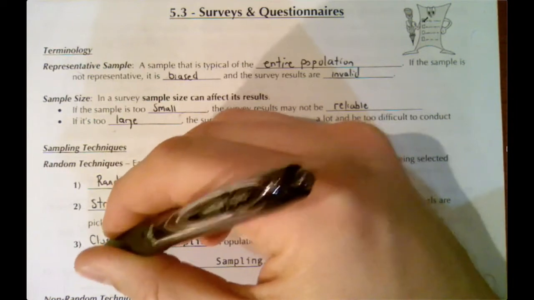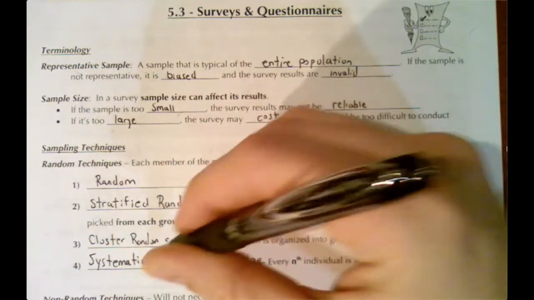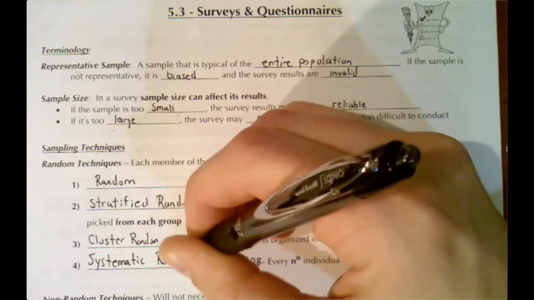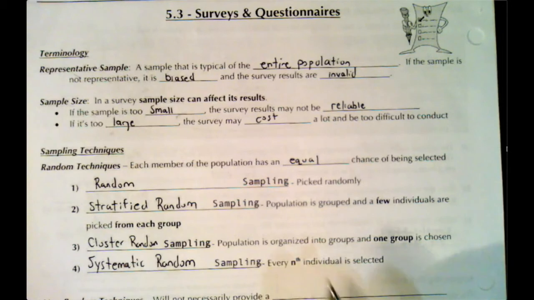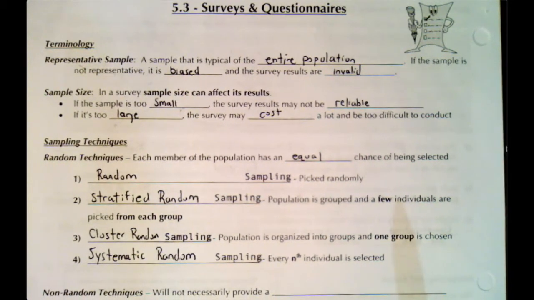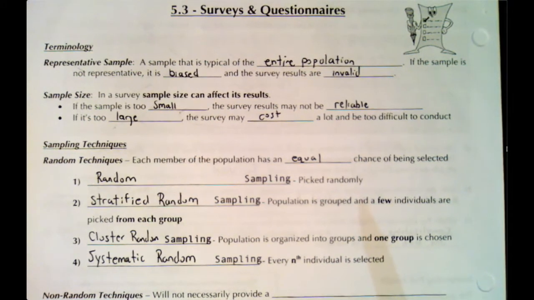Last one is called systematic random sampling. In a systematic random sample, every nth individual is selected. What's that mean? Well, that means if you need to survey 40 people and the school has 400, you're going to survey every 10th person.